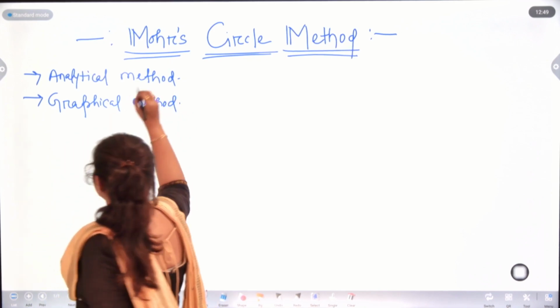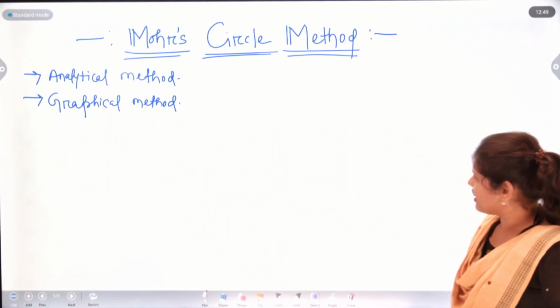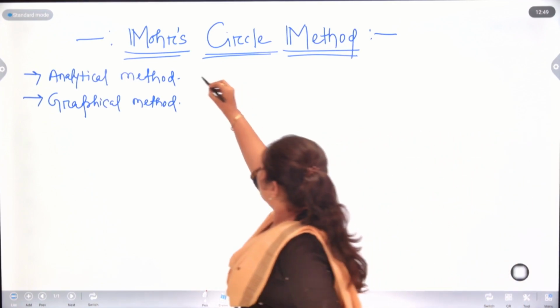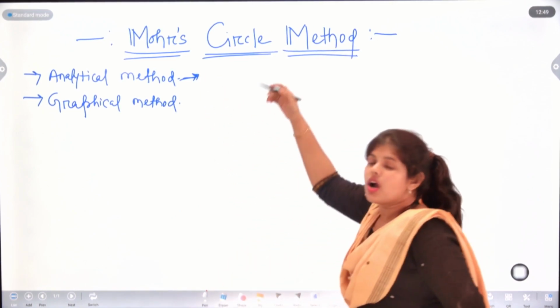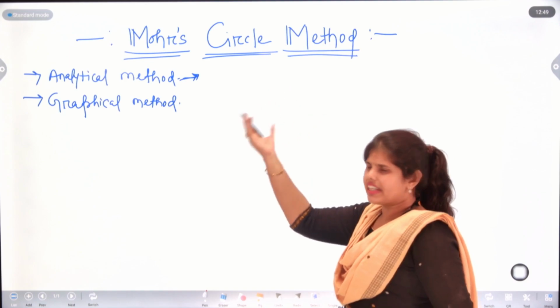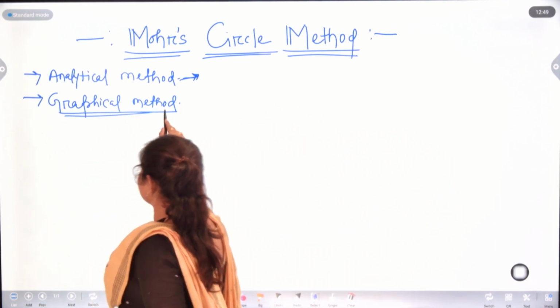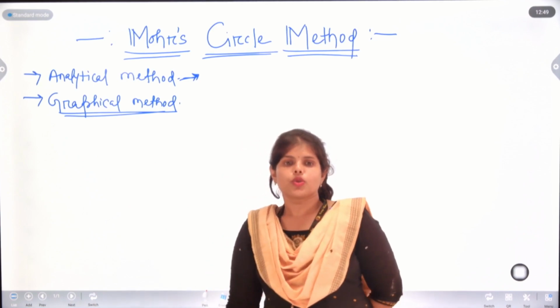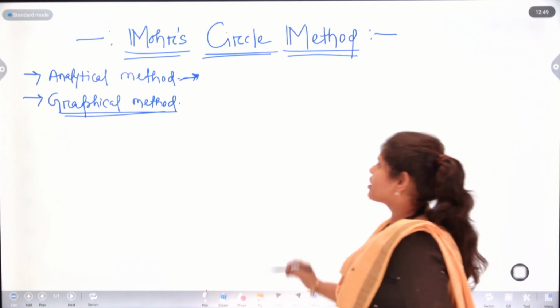The analytical method is very critical and complicated; we always have to derive those methods, put in the values and get the answers. The graphical method is a little bit easier. The graphical method is termed the Mohr circle method.